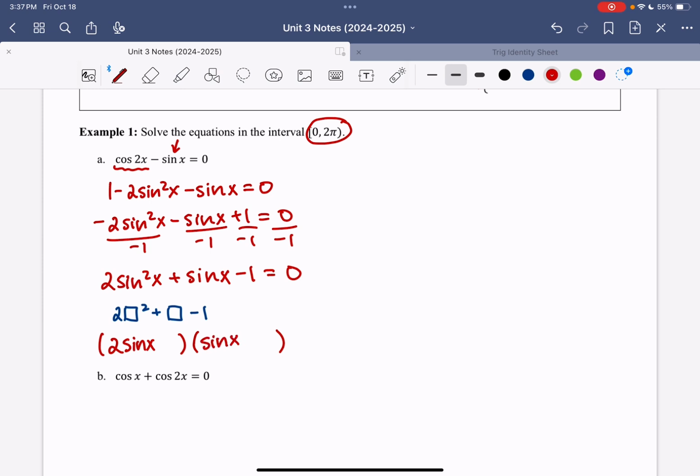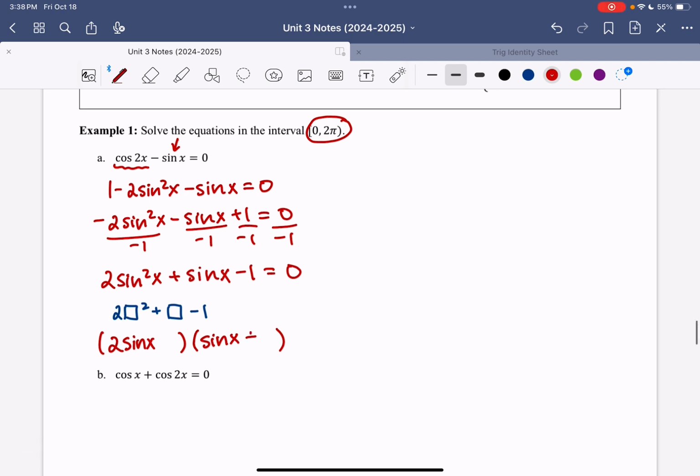And then we want a minus 1, but we want a plus sign, so plus 1, minus 1. Looks good. Now that I've factored it, I know that since I have the product of two factors set equal to 0, I can set each of those factors equal to 0 and solve. So I'm going to have 2 sine x minus 1 equals 0, and sine x plus 1 equals 0.